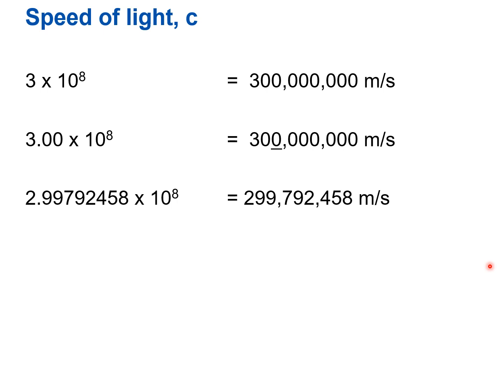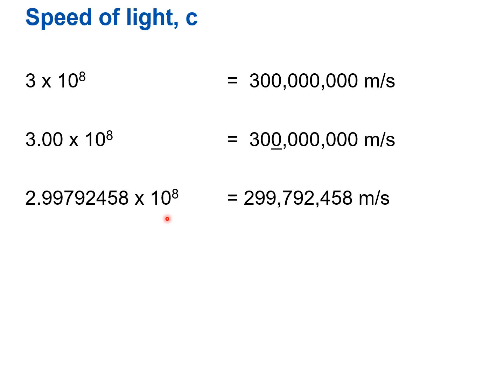If I wanted to write that in scientific notation, I would write it as 2, and then keep in mind there are going to be 8 decimal places after that 2, and they are filled by, so it's what comes after the decimal point, 99792458.